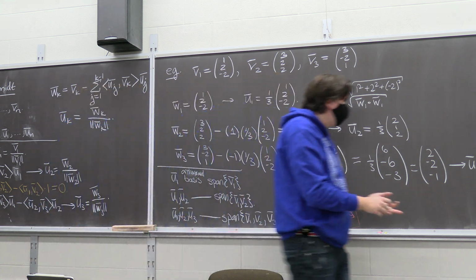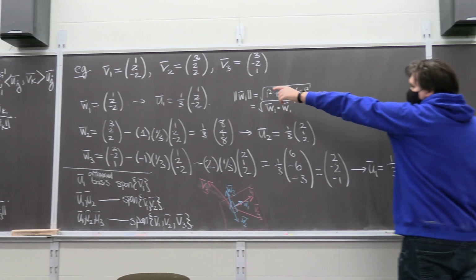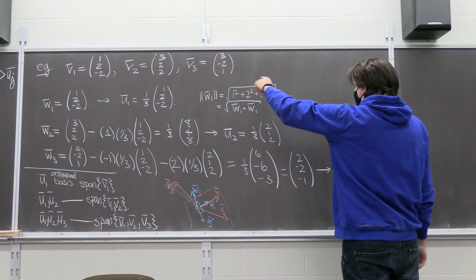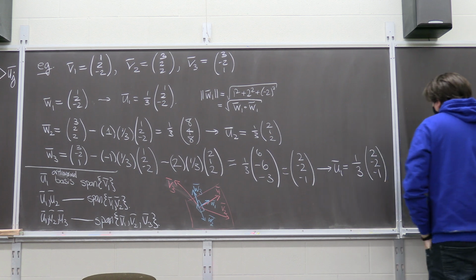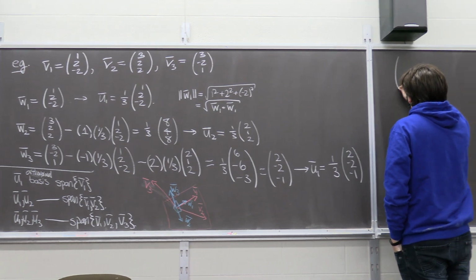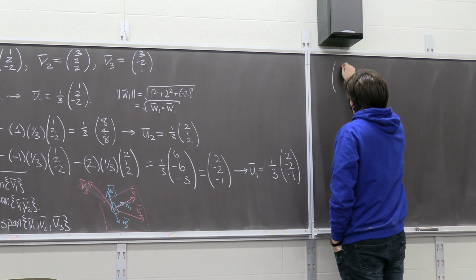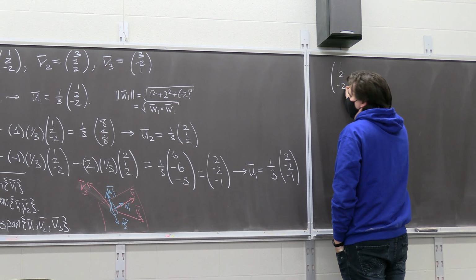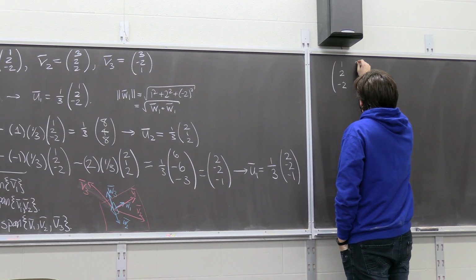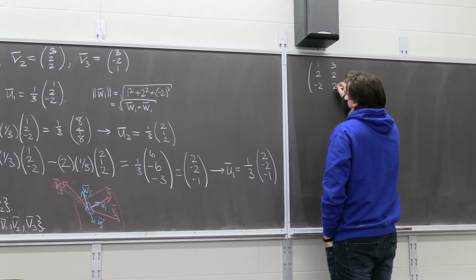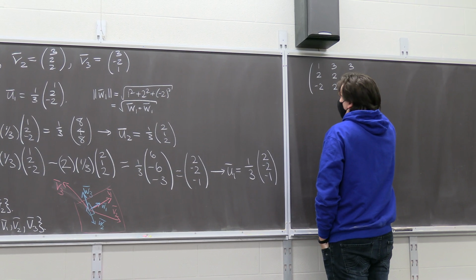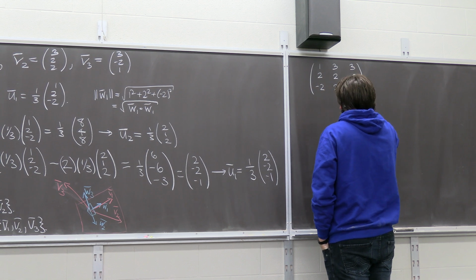Okay, but it turns out there's something else. Instead of listing these original vectors as just 3 vectors, what I want to do is think about them as being put together into a single matrix. 1, -2, -2. 3, 2, 2. 3, -2, 1.